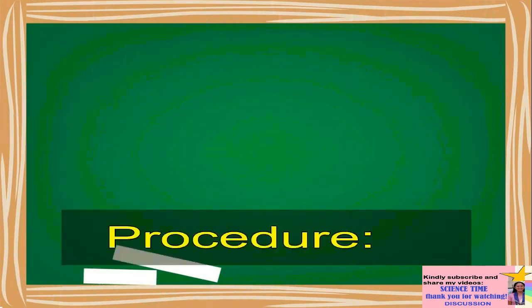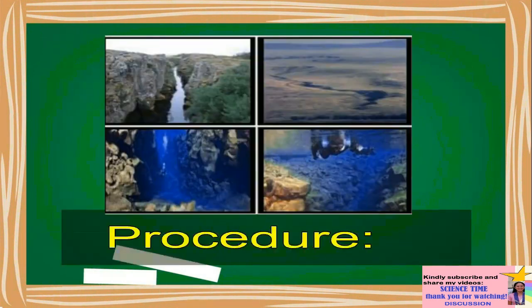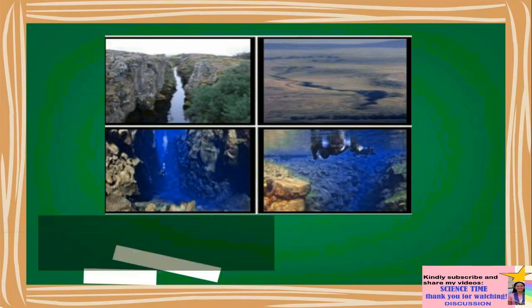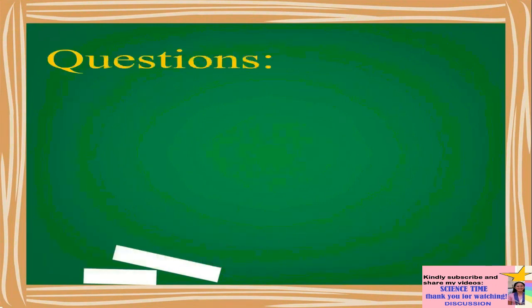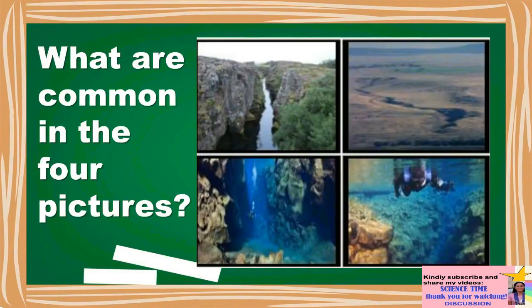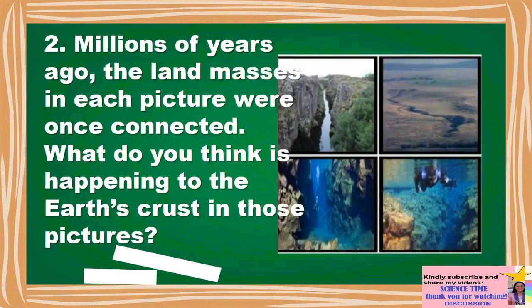Procedure: first, analyze the photographs of rift valleys and oceanic ridges from the previous slide and answer the questions that follow. First, what are common in the four pictures? Next, millions of years ago, the land masses in each picture were once connected.